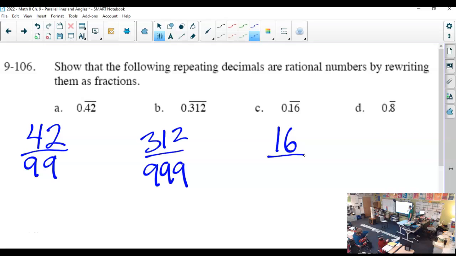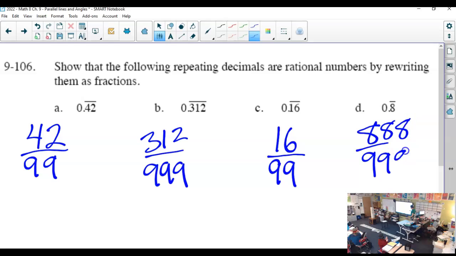How many nines do I want on the bottom? Yeah, Spencer, you threw your voice there. I think you should become a ventriloquist. And then, like we already talked about, 8 repeating could be 8 ninths, or you can do 88 over 99, or 888 over 999, or 8,888.